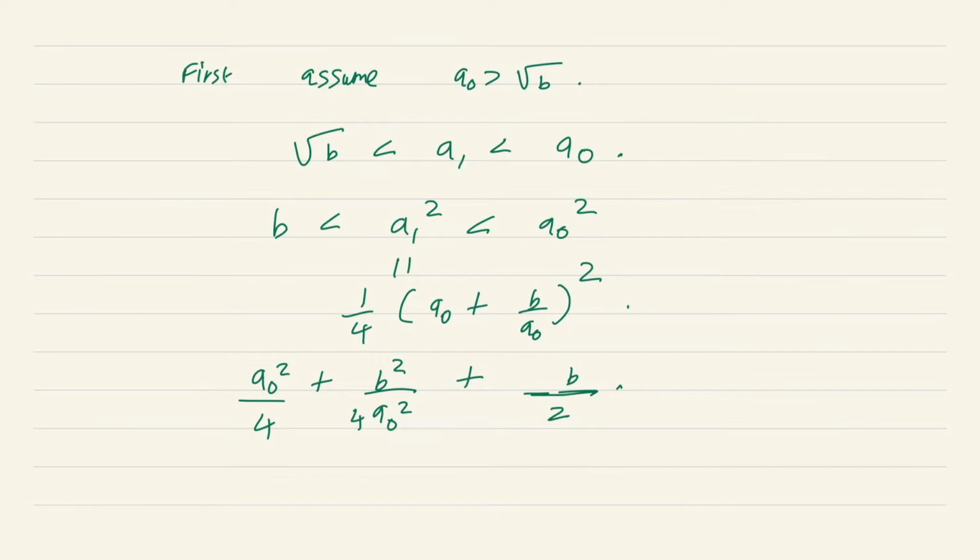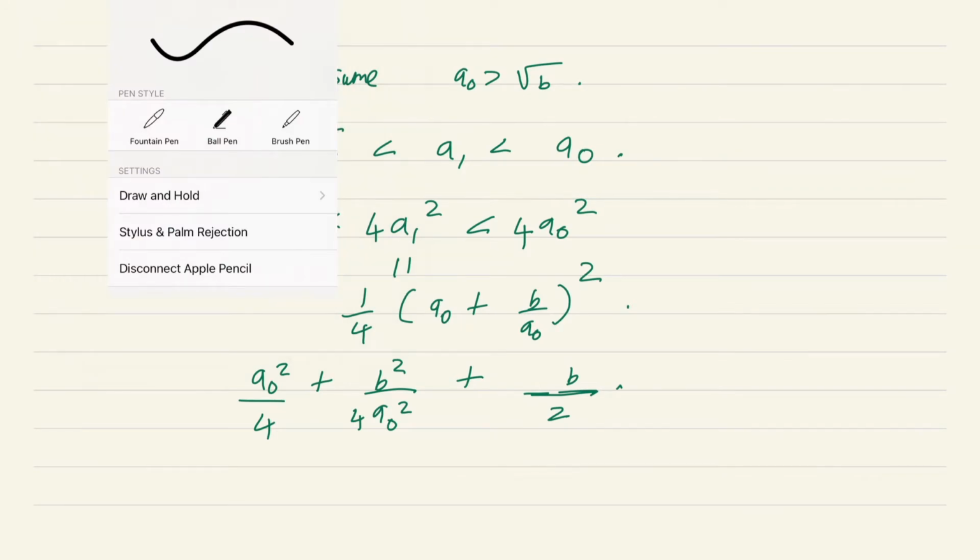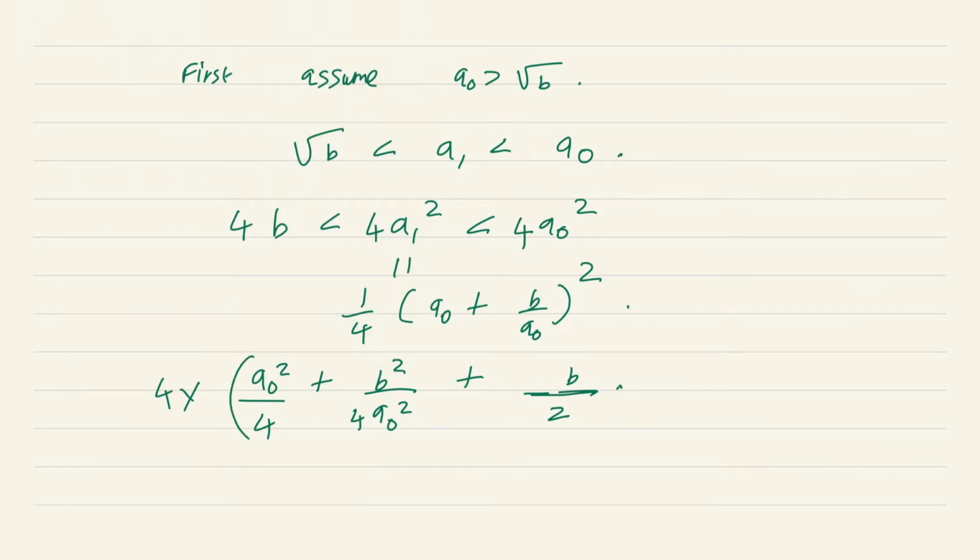Okay. Now what you do is multiply this entire inequality that we want to show by 4. So ultimately what you want to show is 4b is less than 4a1 squared is less than 4a naught squared. Okay. So let's take 4 times the middle term, which is nothing but a naught squared plus b squared by a naught squared plus 2b.